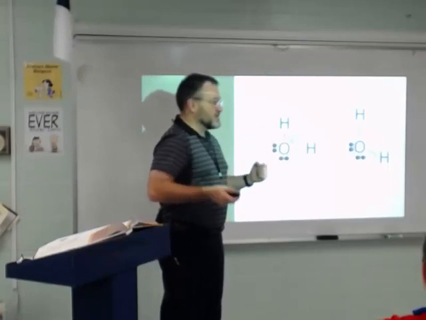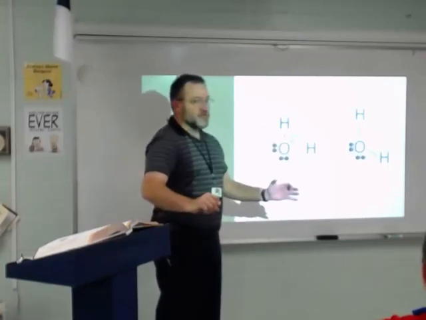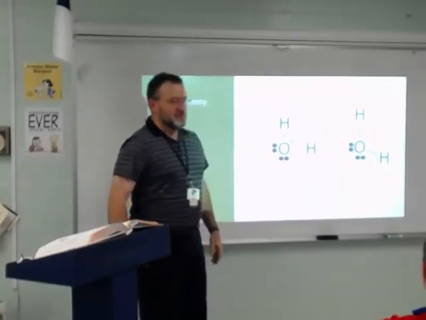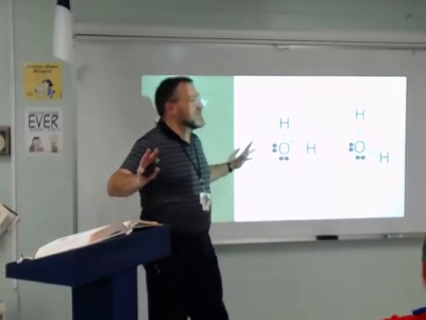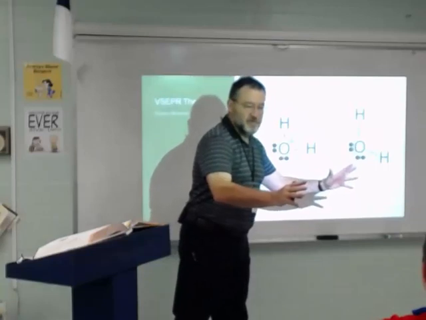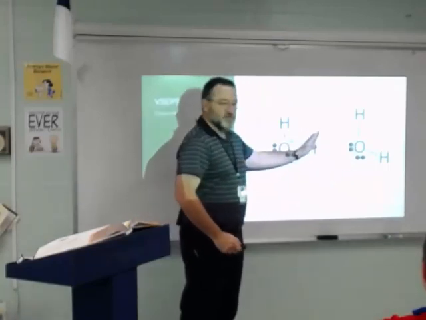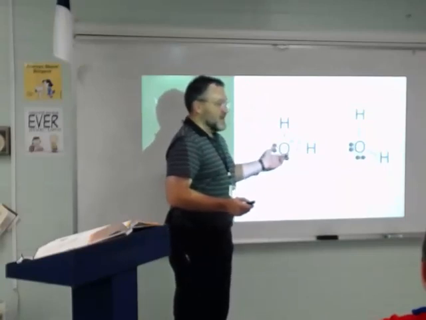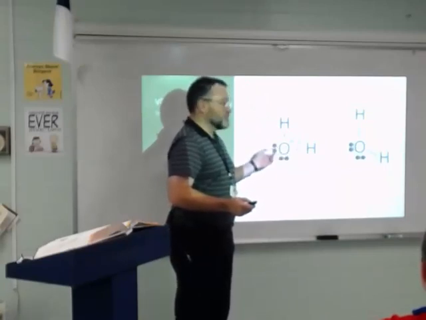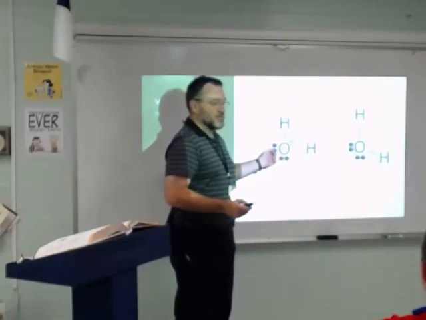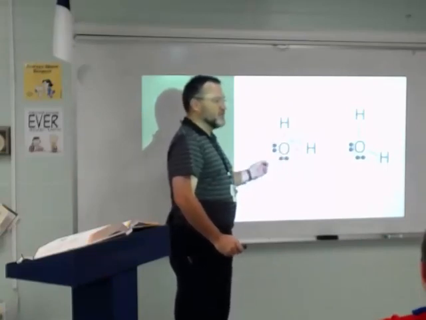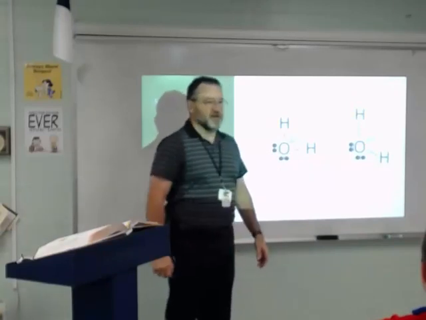The unbonded pair exerts more force. So what do you think happens when you have 2 unbonded pairs? They're providing even more force, repelling the bonded pairs. And so whereas the angle for 4 connecting points was 109, and the angle for 3 connected points with an unbonded pair was 107, the angle with 2 connections and 2 unbonded pairs is 105.